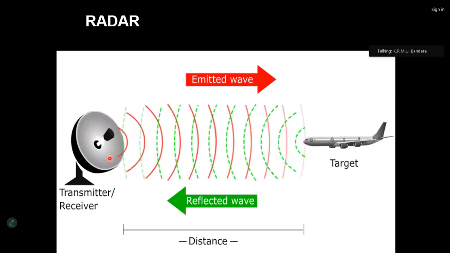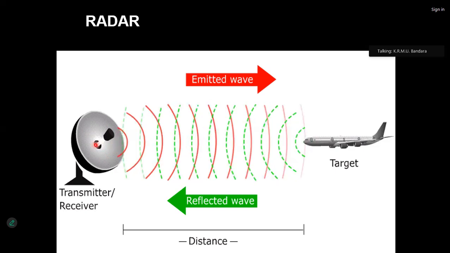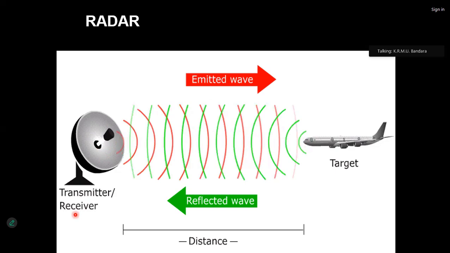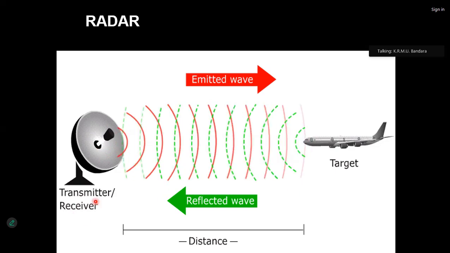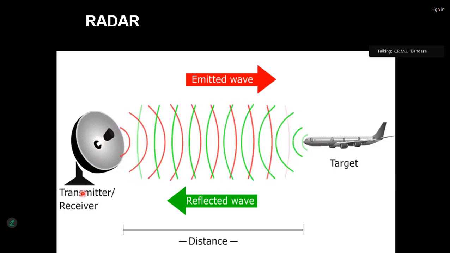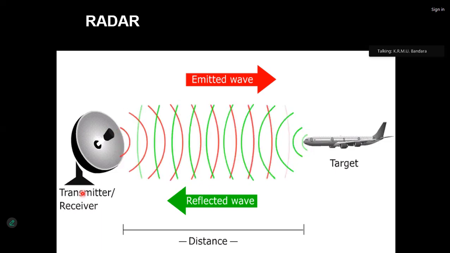When transmitting, there is no receiving. The transmitter is on, the receiver is off. When receiving the echoes coming from the object, the transmitter is off. That means there is some interval between sending the radar beams. These are the radar pulses.